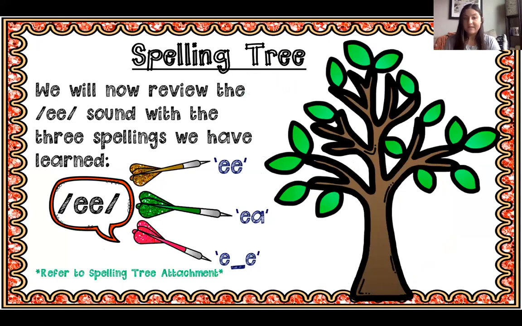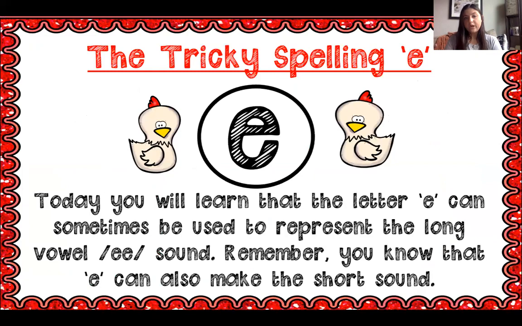It can be spelled with EE, EA, and E, tricky E. Okay, so we're going to learn today that the letter E can sometimes be used to represent the sound E. So we've learned it has its short sound E, like egg, elephant, excellent, says that E sound, but we also know that E can say its own name, E.